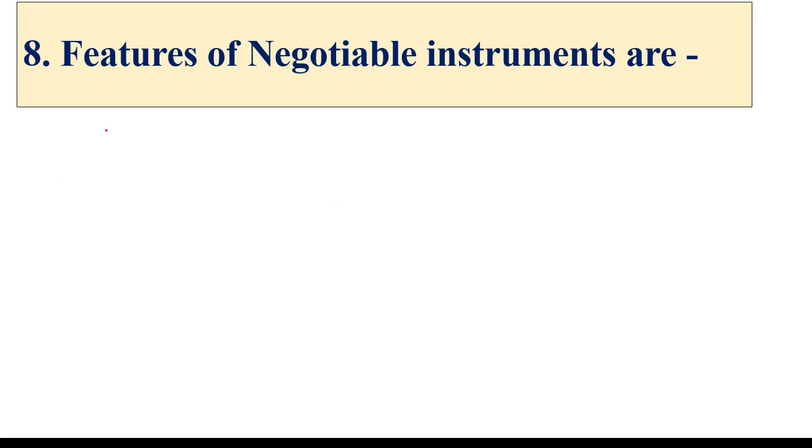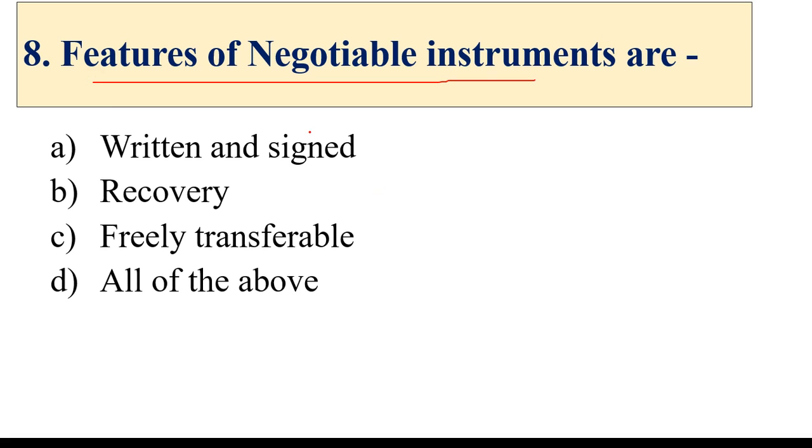Next question. Features of negotiable instrument are. So let's see the options. Option A is written and signed. B recovery. C freely transferable, and option D all of the above. So the features of negotiable instrument are, we'll see the correct answer.